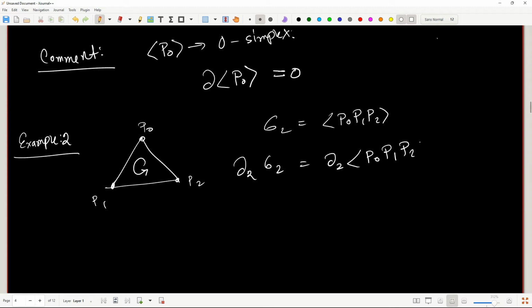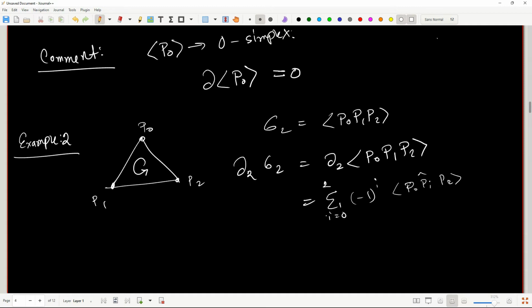So this is del 2 of p0, p1, p2. Now you can start with the summation, or you can write it out directly as well, but let me just use the summation notation that we used, and let me break it down explicitly. So when i equals 0 to 2, under this summation sign, there will be (-1) to the power i, and p0, p1, p2 with the i-th element omitted. This is the running index that we're working with.